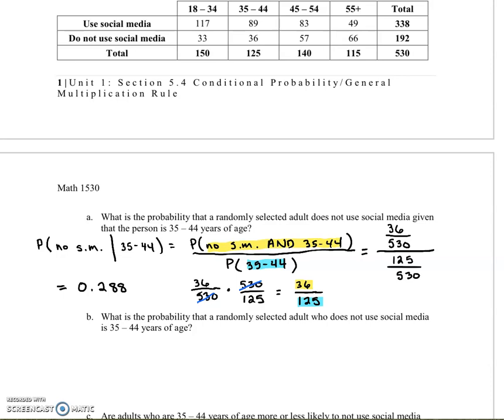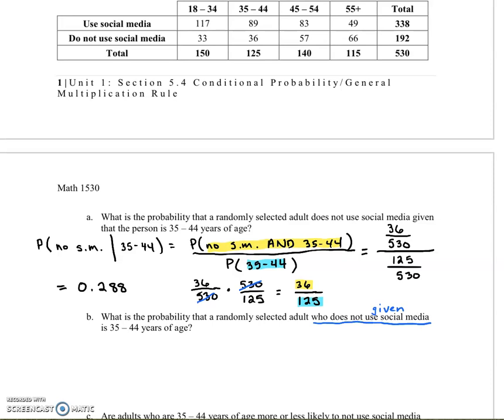The first time, the adult does not use social media given that they're 35 to 44. This time, where it says the adult who does not use social media, that means that this is the given event.